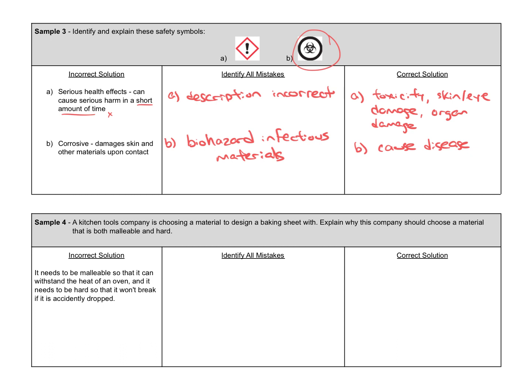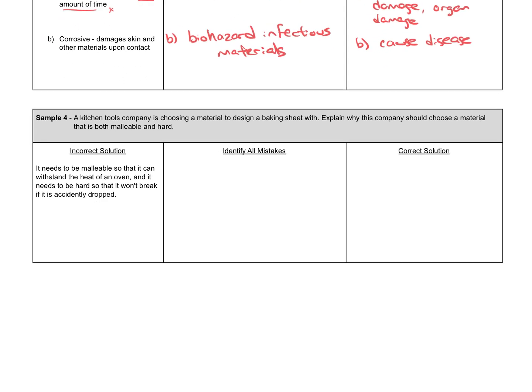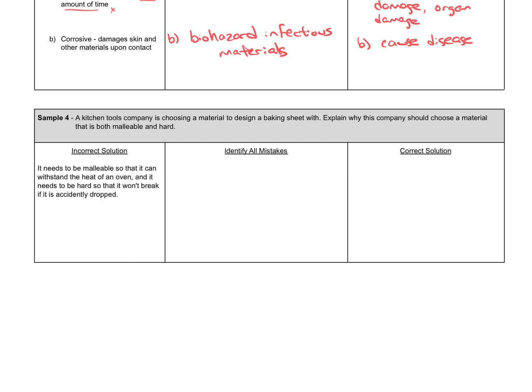All right, 4. A kitchen tools company is choosing a material to design a baking sheet with. Explain why this company should choose a material that is both malleable and hard. So the sample solution is it needs to be malleable so that it can withstand the heat in an oven, and it needs to be hard so that it won't break if it is accidentally dropped.